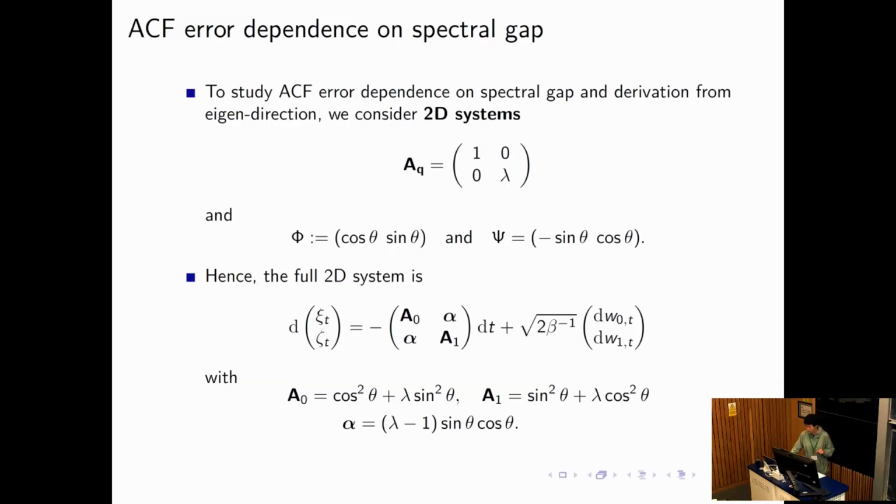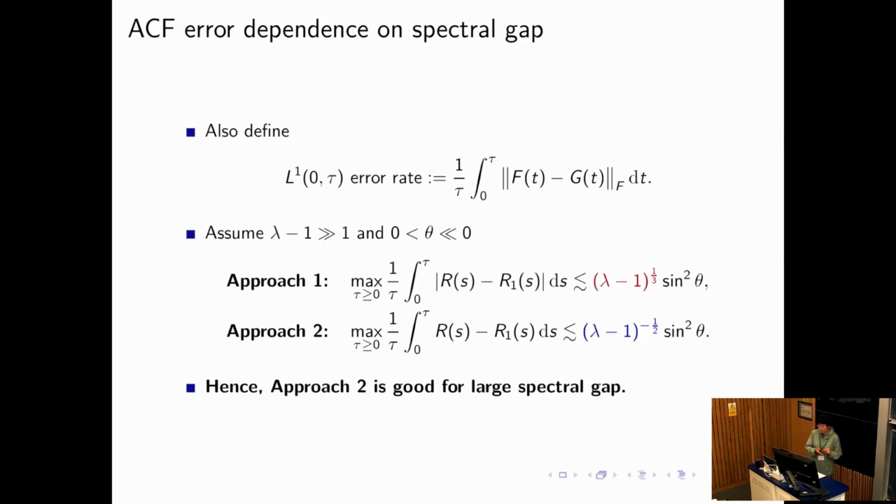Under this setting, we can get the full 2D system in terms of lambda and theta. We also define the average error rate of the equilibrium ACF, which is denoted by this L1 error rate. Then we can see that for approach 1, the error of the averaged ACF will increase when you have a larger eigengap, and for approach 2 it will decrease.